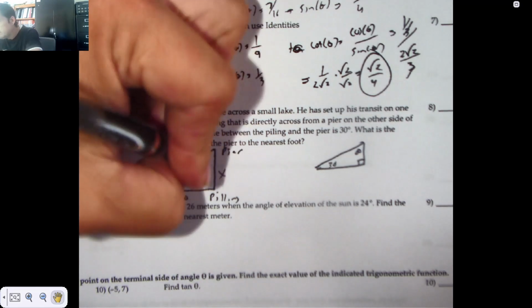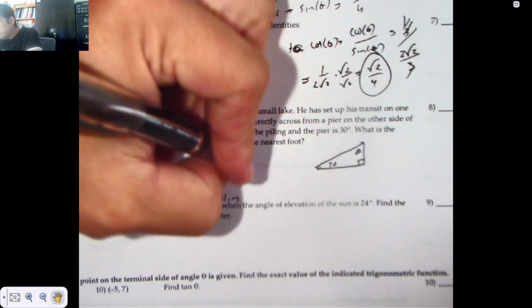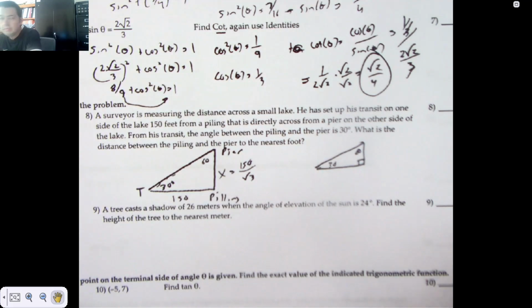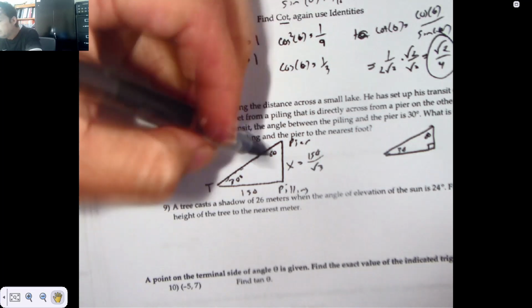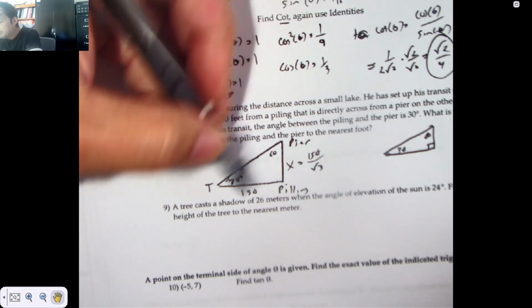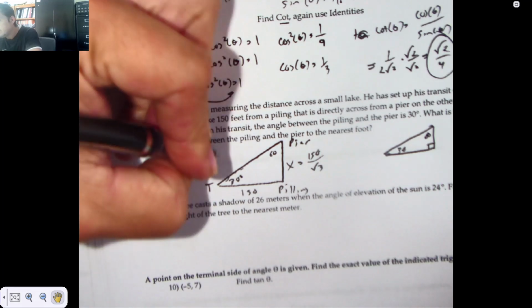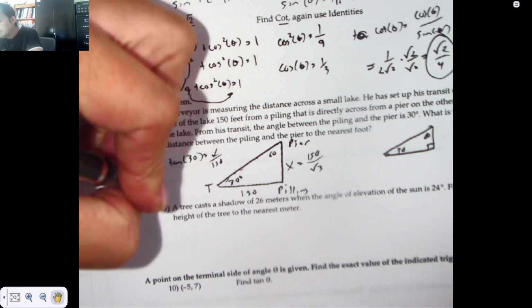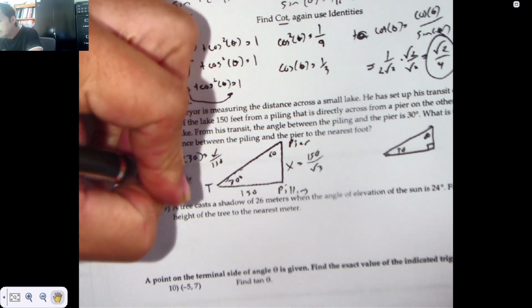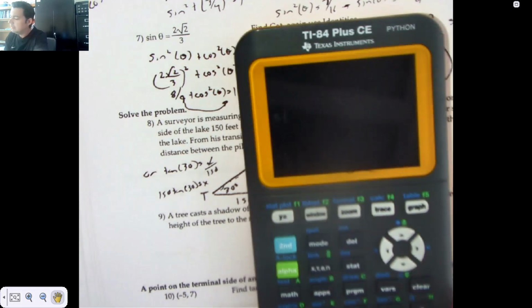By the way, this has to be 60 degrees. So this would have to be 150 over root 3. Now, if you don't like that, you can also do some SOHCAHTOA, opposite adjacent, where the tangent of 30 degrees is x over 150. So 150 tangent of 30 is x. And they're going to be the same answer. All right.